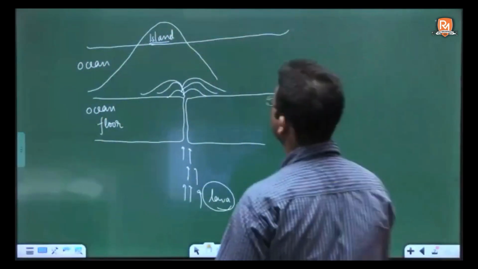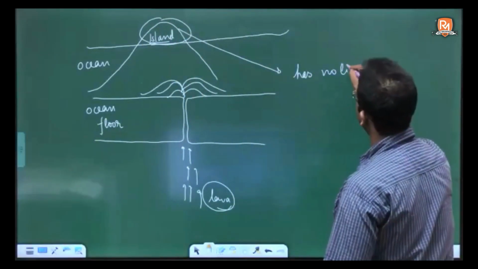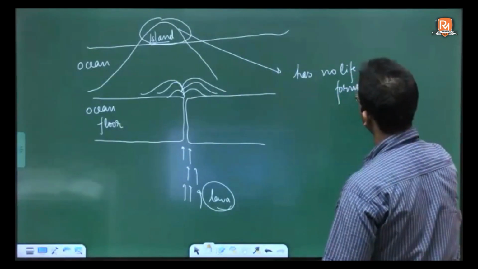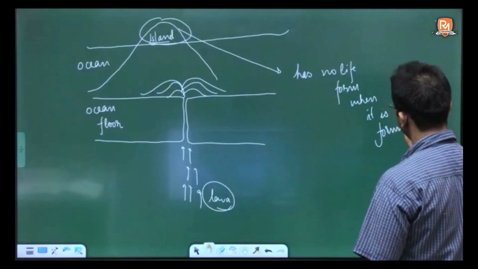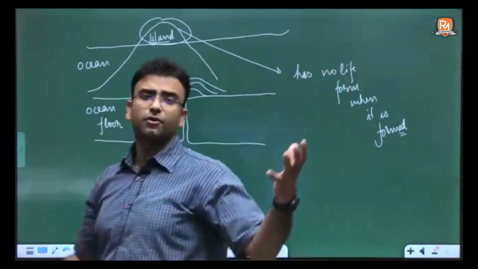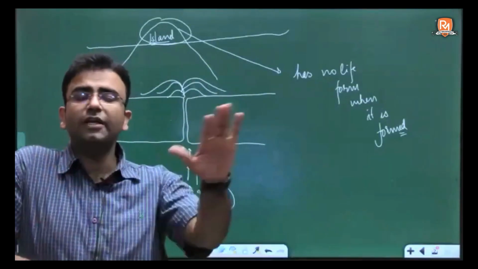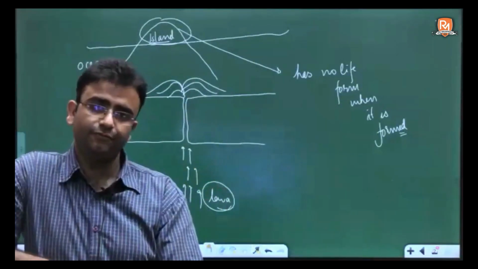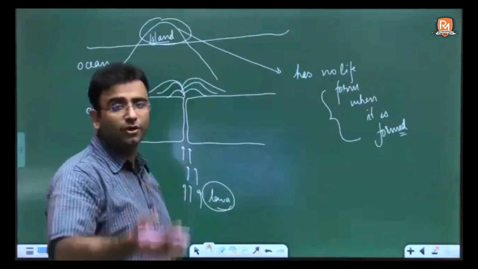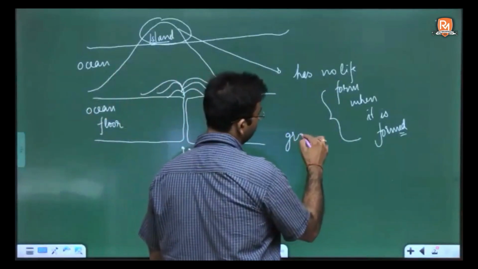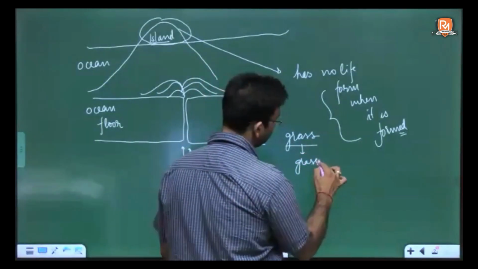This volcanic island that will be formed has no life form when it is formed, because it is just solidified lava in the form of igneous rock. Right now it is not inhabited by any kind of life. Then a sequence of different organisms starts developing on it. For example, grasses will come. From the grasses, grasshoppers will come on.